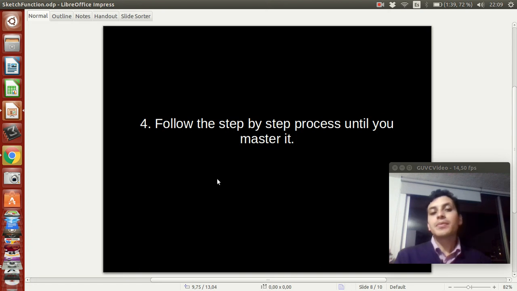Then the fourth key is one of the most important. I think it is the one you need to be very careful with before anything, and it is to follow the step-by-step process until you master it. Until you master the process, until you get a good idea of how to sketch each function, do the step-by-step process.